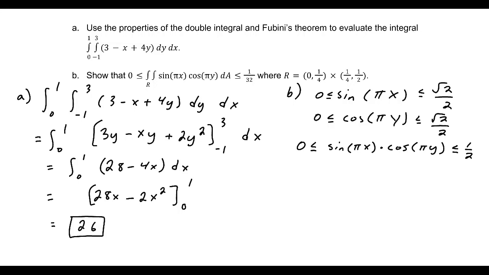Now also, the area of R, A of R, is equal to 1/4 multiplied by 1/4, which is 1/16.